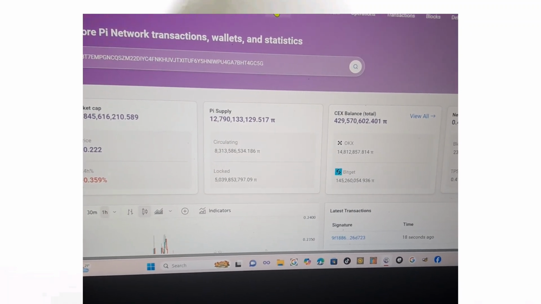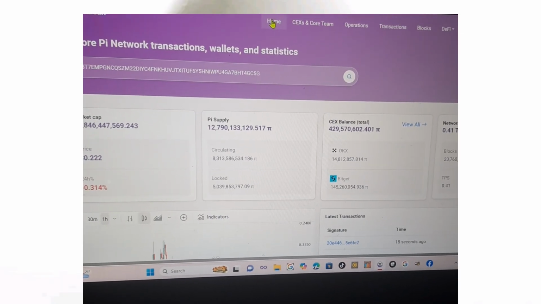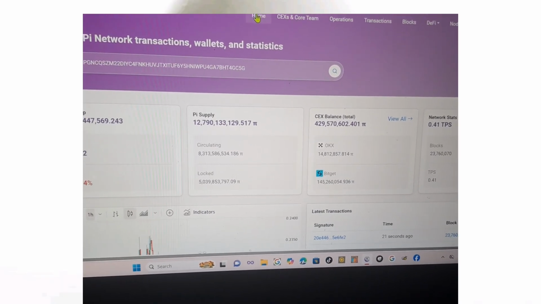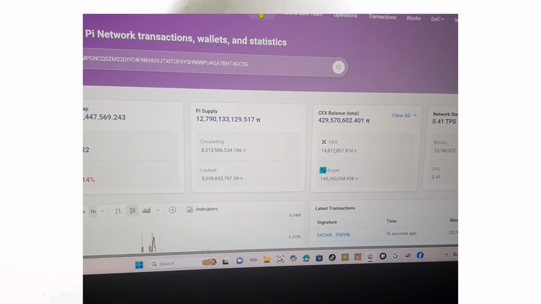So today I'm going to walk you through a very important tool to all pioneers. I know most of you have never interacted with it, but today I'm going to show you a very great tool, better than the Pi Block Explorer.